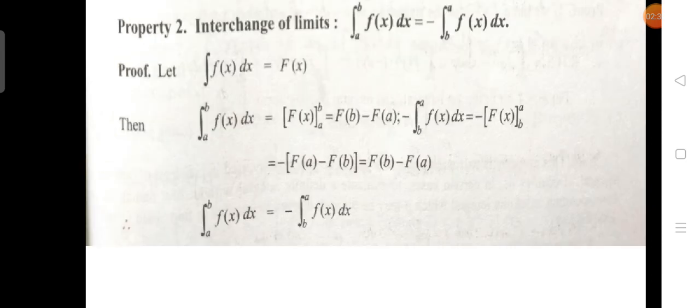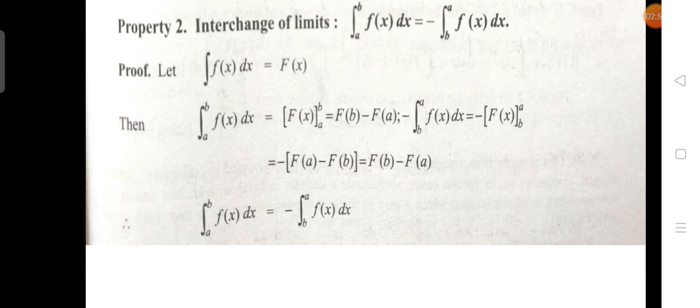The second property is the integral from a to b of f of x dx equals minus the integral from b to a of f of x dx. Always remember, you have to read the lower limit first, and then the upper limit.